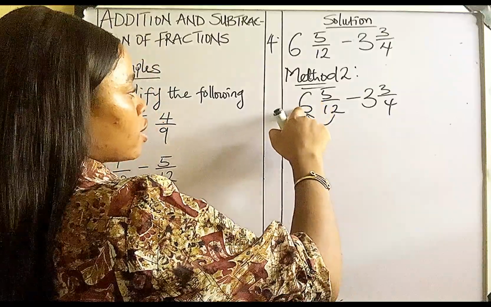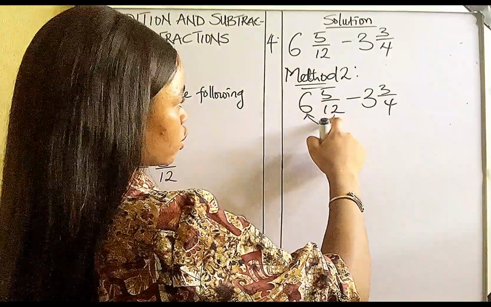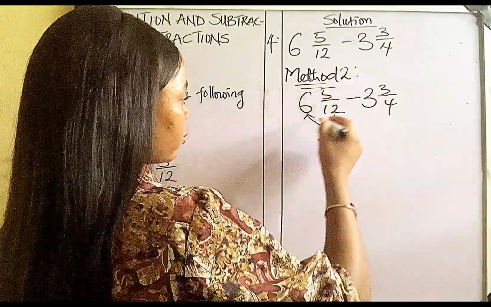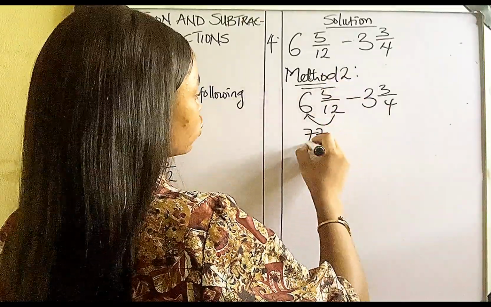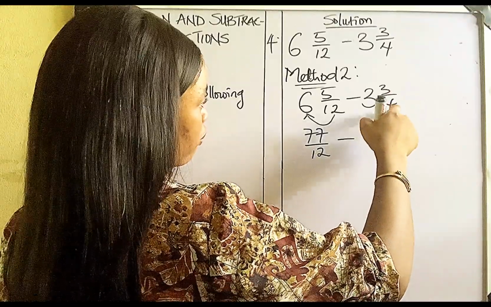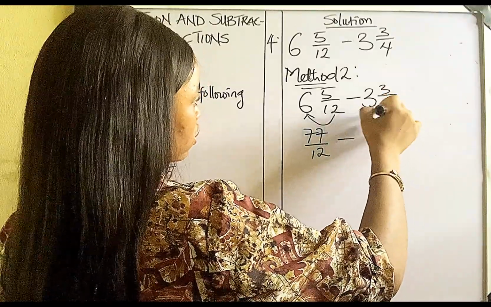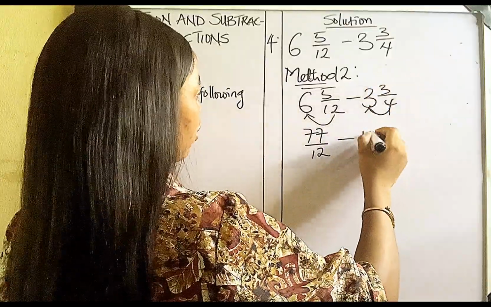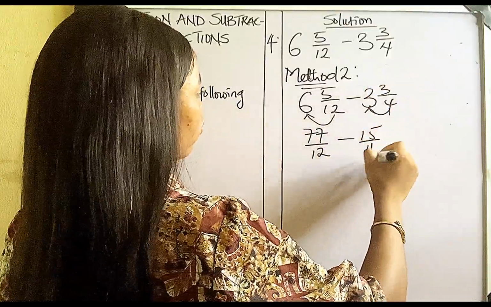So that is 6 times 12, which is 72. Then 72 plus 5 gives us 77 over 12. Minus, same thing, 4 times 3, 12, 12 plus 3, that is 15 over 4.